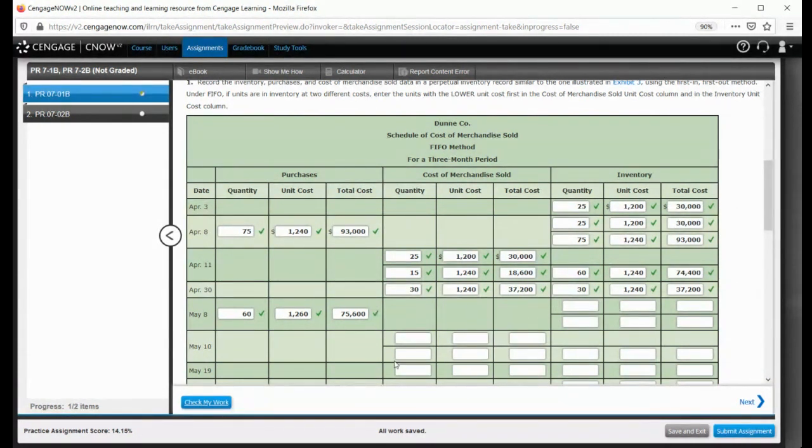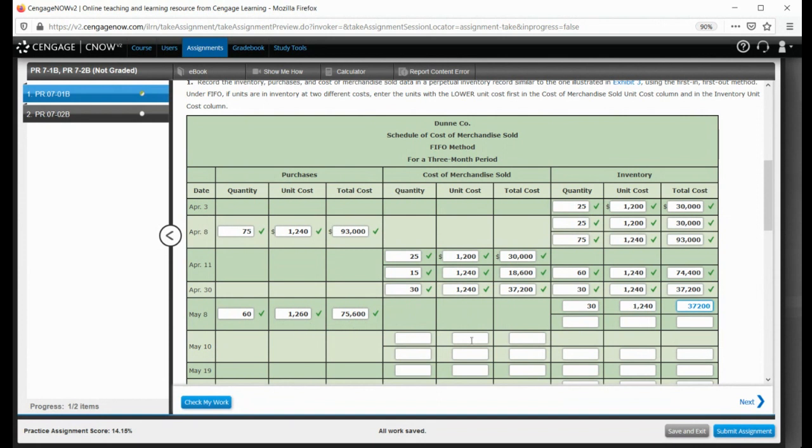Because we're using the first in, first out method, we have to bring down the last layer of inventory that we had from the previous month, which was 30 units that we had at 1240, which is 37,200.